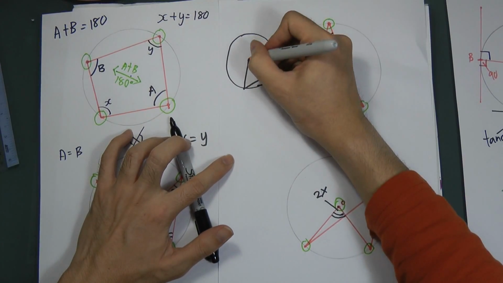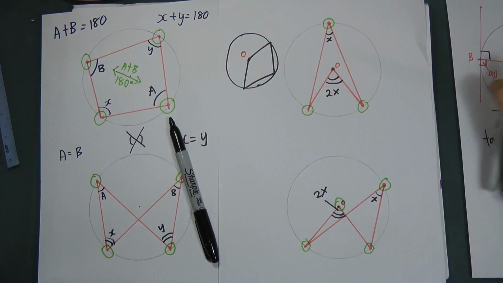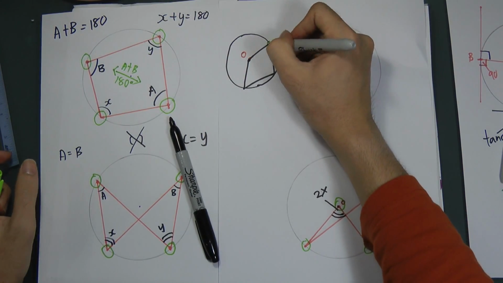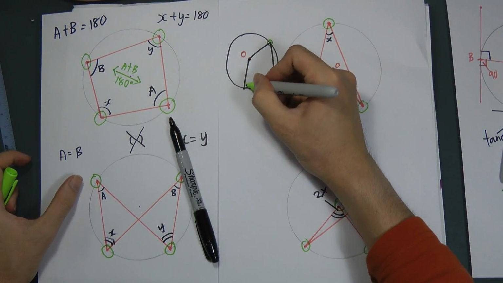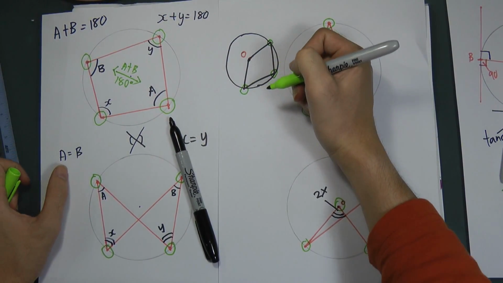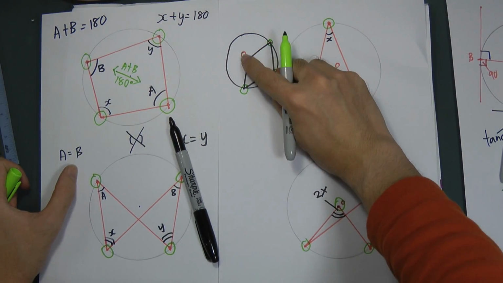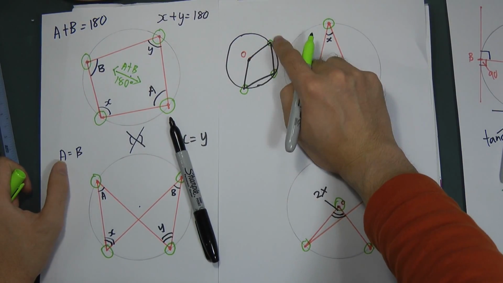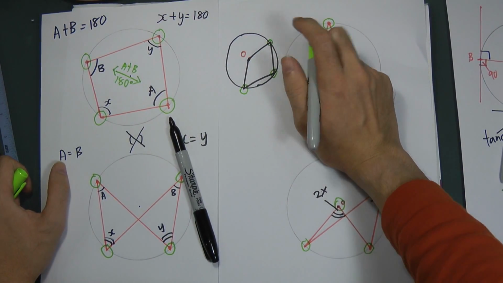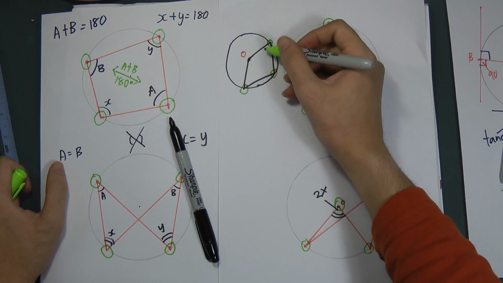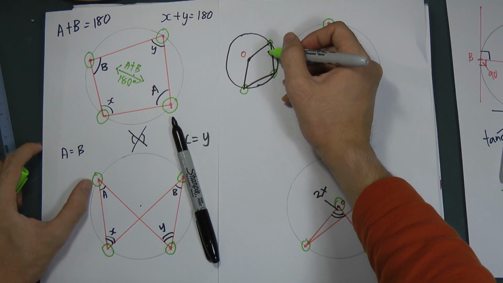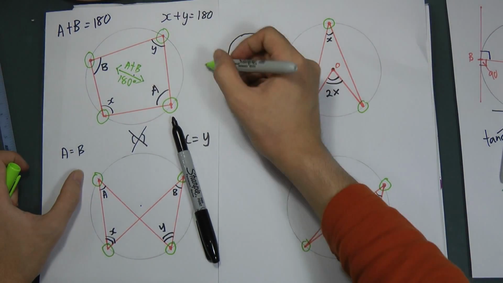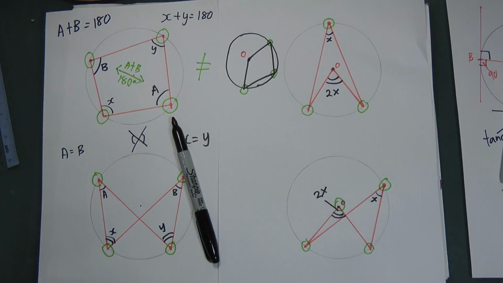This is the center point O. Same thing, 1 point touches here, 2nd point touches here, 3rd point touches here. Most of the students will think this is a quadrilateral. Yes, it is a quadrilateral, but then a lot of students will think this angle plus this angle will equal to 180. This is not. This one and this one are not the same.